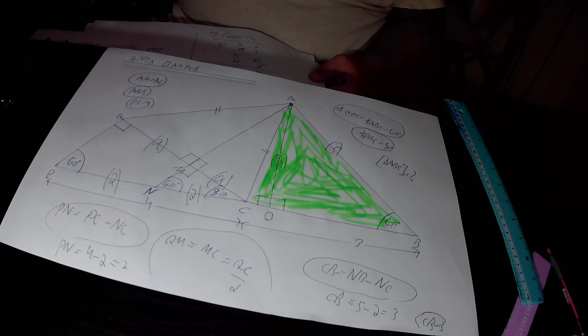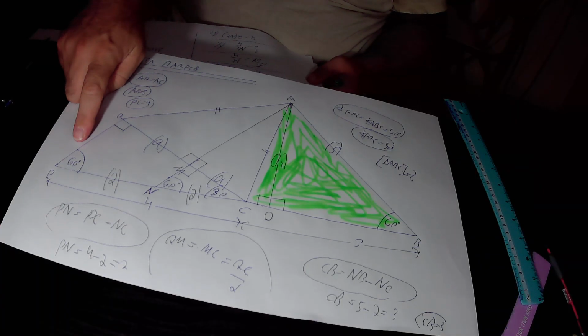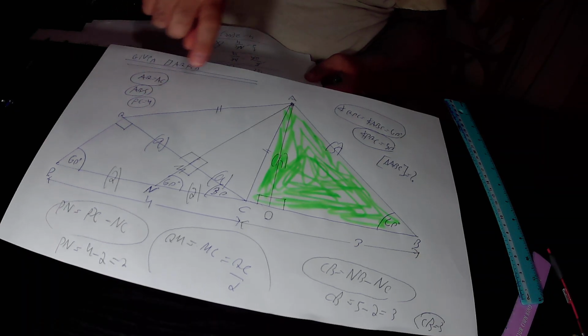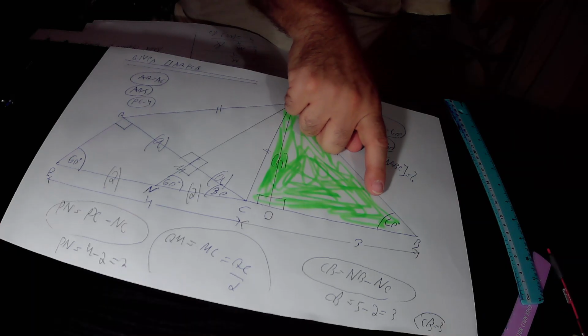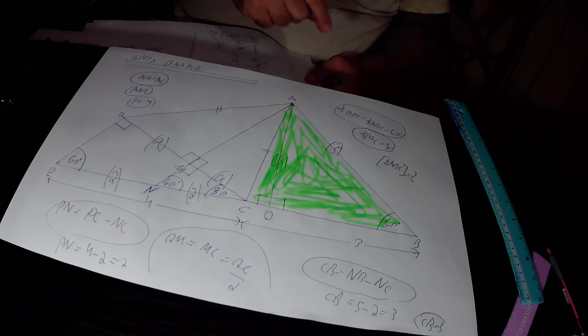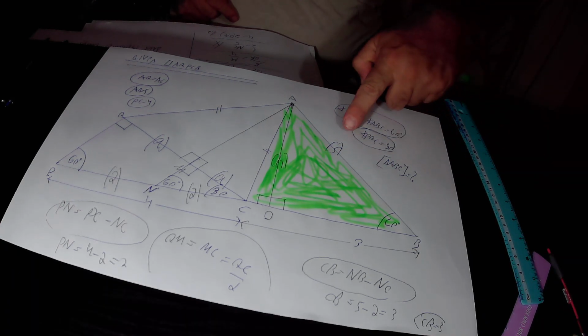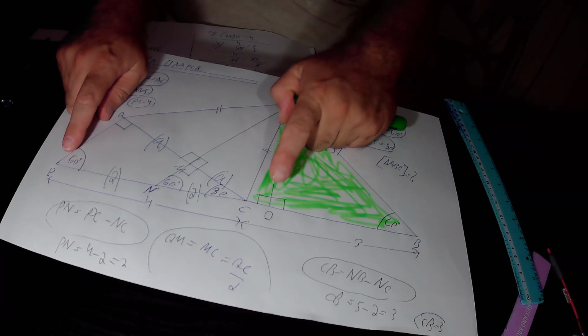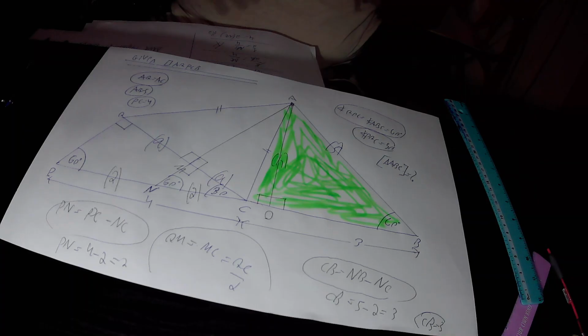We also know that this is angle QPC, that is equals to 60 degrees in size. This is angle PQC, that is the right angle. This is angle ABC, that is also equals to 60 degrees in size. We also know that AB equals to 5 units in its length, PC equals to 4 units in its length. Again, our task is to find out the area of this green triangle, triangle ABC.